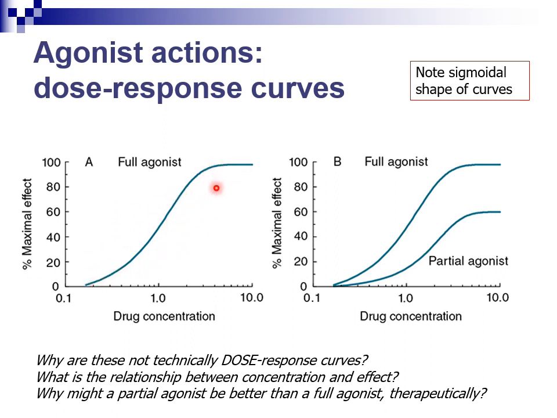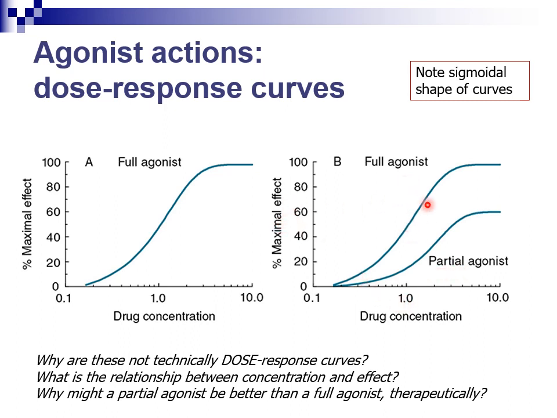So here is a full agonist, and really, its significance comes into play when we compare that to another drug that's a partial agonist. On the right, we see drug concentration again versus effect.